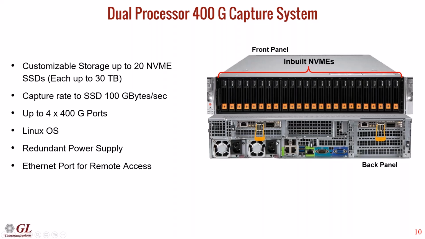If you're familiar with our products, most of our products are Windows-based, but due to popular demand, we've decided that for our 400 gig solution, we are switching to Linux. So this is now Linux-based. It has a redundant power supply. And again, I mentioned it has an Ethernet port for remote access. It's also got HDMI ports here and USB ports for local access via monitor, mouse, and keyboard. And again, the rack mount system has a dual processor. The portable system has a single processor.